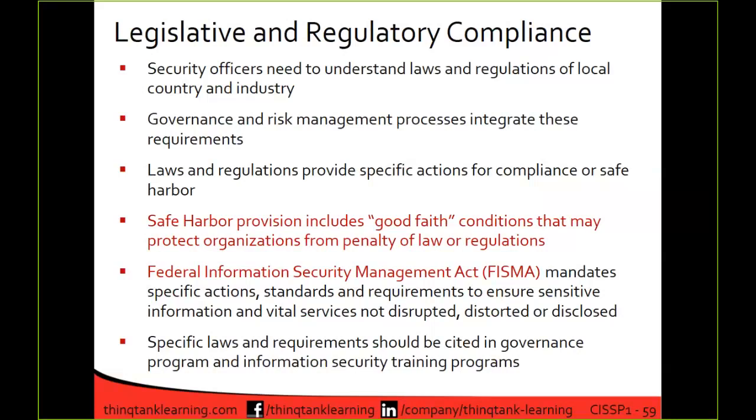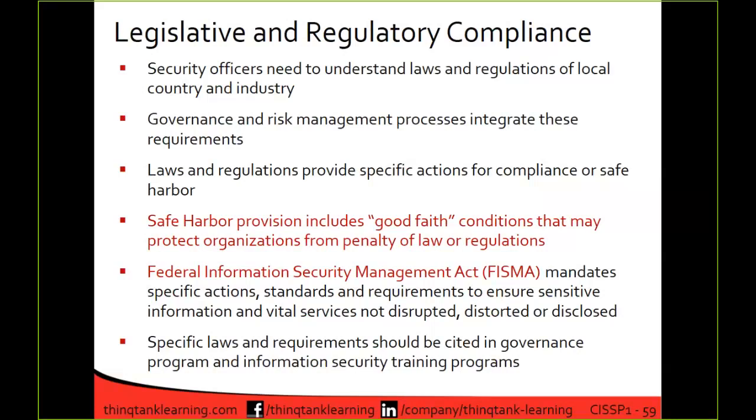For example, if I am a customer service-based organization, and my company is incorporated in the United States, but we have a call center in India, the laws and regulations for that business could be different than if I'm solely based in the United States, because the laws and regulations that apply in India may not apply in the United States.